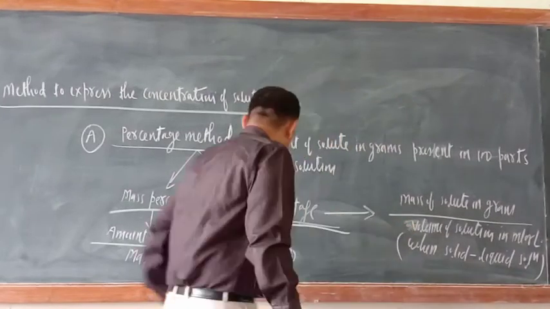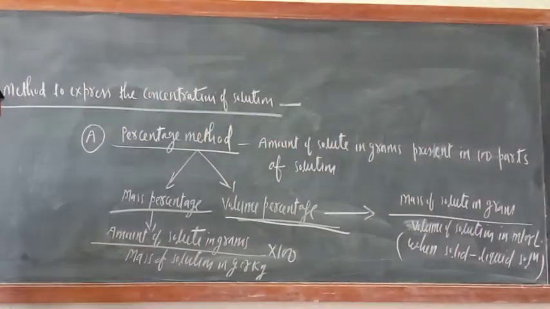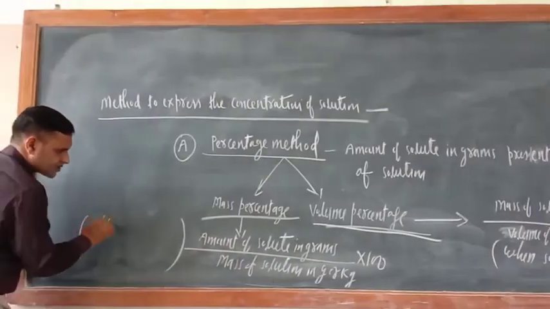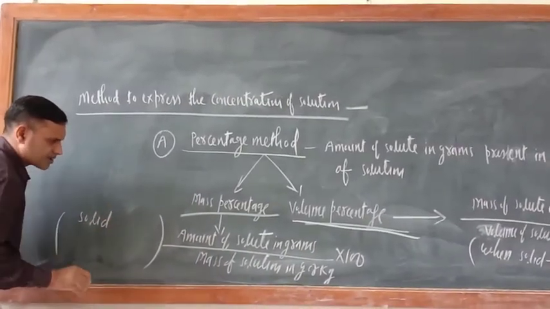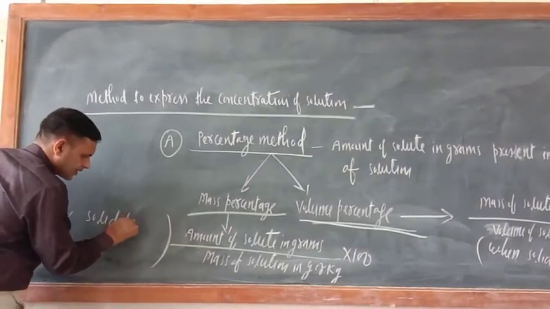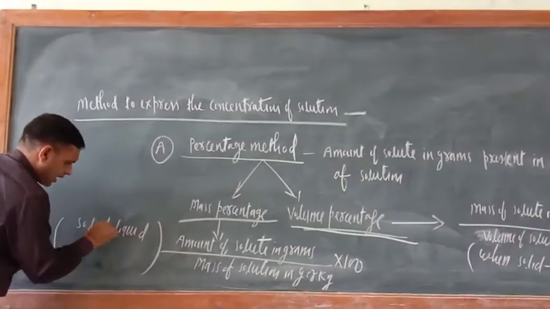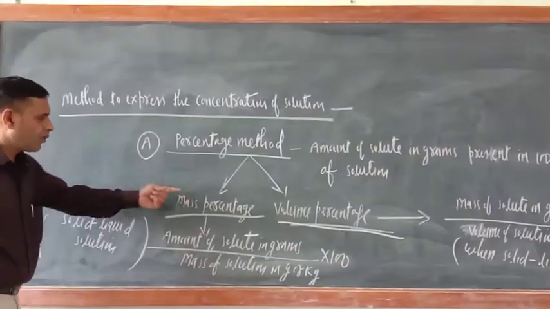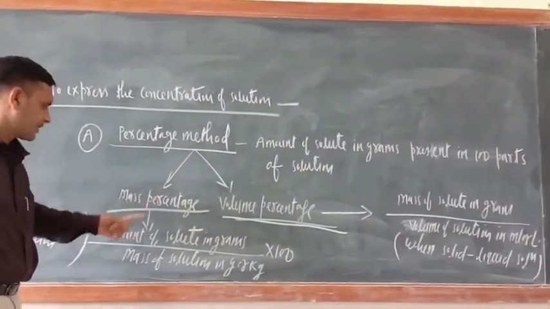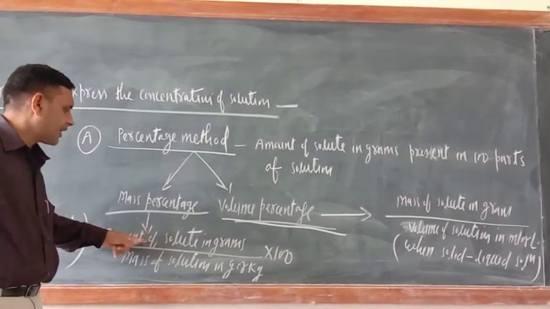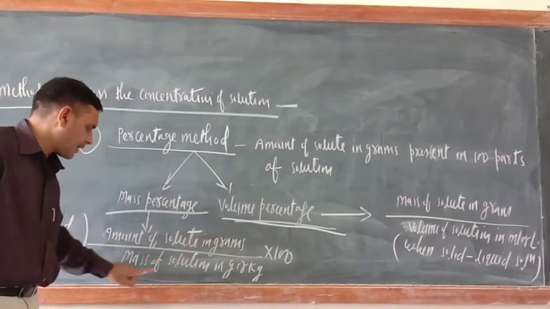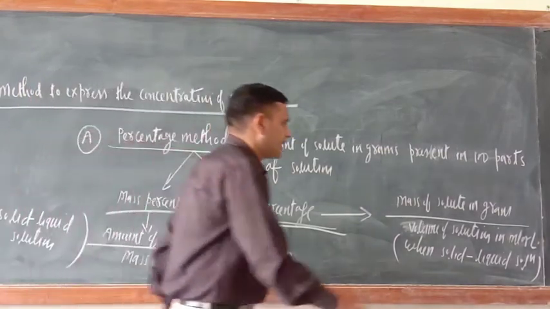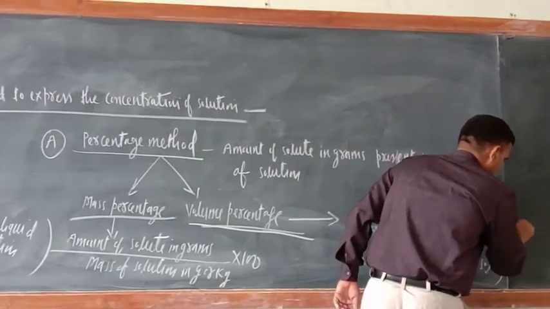So this is correct, and this is also correct for solid liquid solution. Only method is mass percentage. So you have to take solute in terms of gram and solution also in terms of grams or kilogram. And here also into 100.